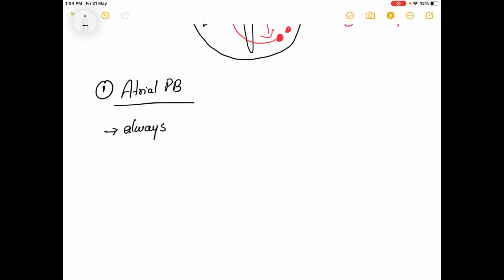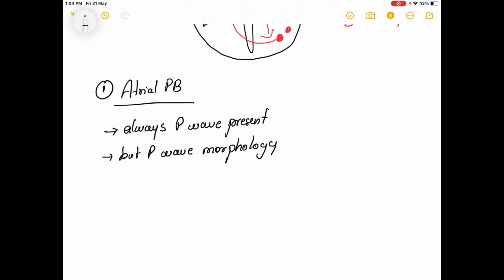Since the P wave signifies the activity of atria, that is atrial contraction, and in atrial premature beat there is always atrial contraction, the P wave is always present, but the P wave morphology is slightly altered.